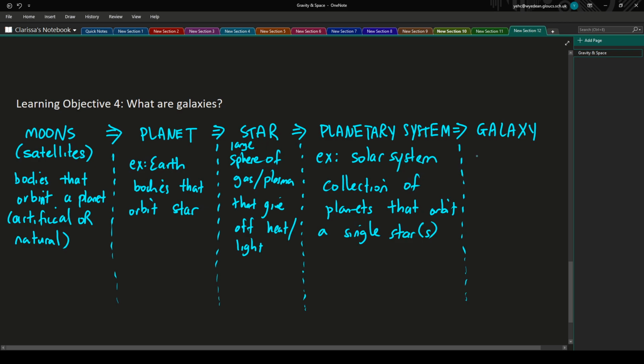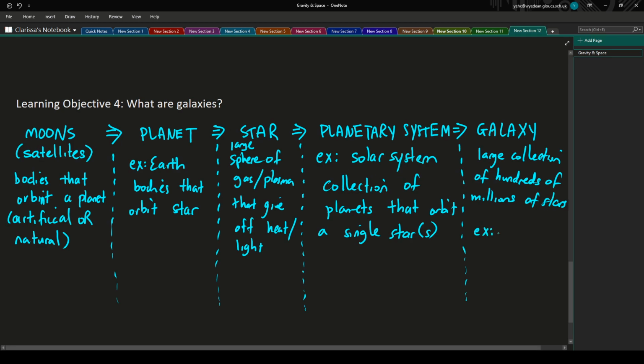And then when you have a group of stars, a large collection of hundreds of millions of stars, a lot of them with their own solar systems, with their own planetary systems, you get what's known as a galaxy.